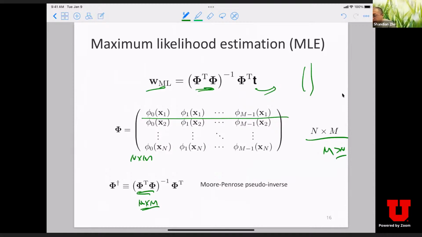So in this case, how do we compute the inverse? We can switch to the so-called Moore-Penrose pseudo-inverse. It's a well-defined and well-justified concept, which can be viewed as a generalized inverse operation. But what's the problem?